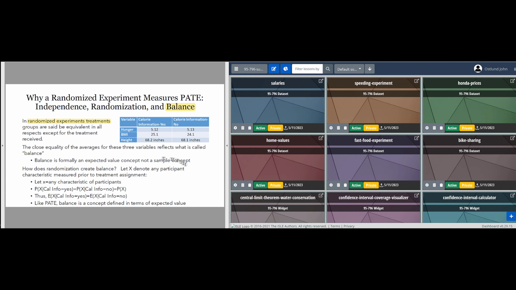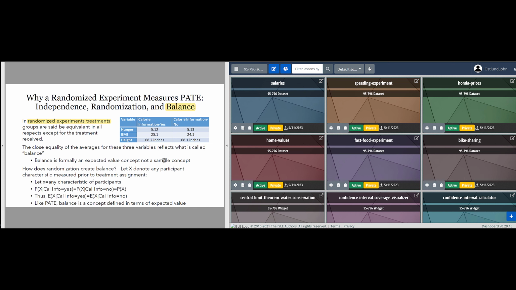And in our study, we measured a whole bunch of so-called demographic things that we were not expecting to change. We asked people their hunger level, their height, their weight. We computed BMI, body mass index values, and kept track of all of this stuff.